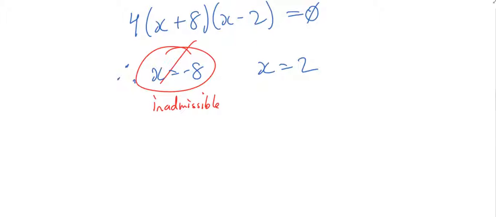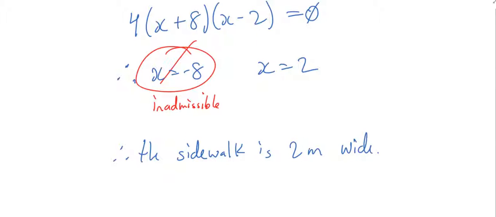And we do our therefore statement. Therefore, the sidewalk is, were we talking meters? Yeah, 2 meters wide. Any questions about that?